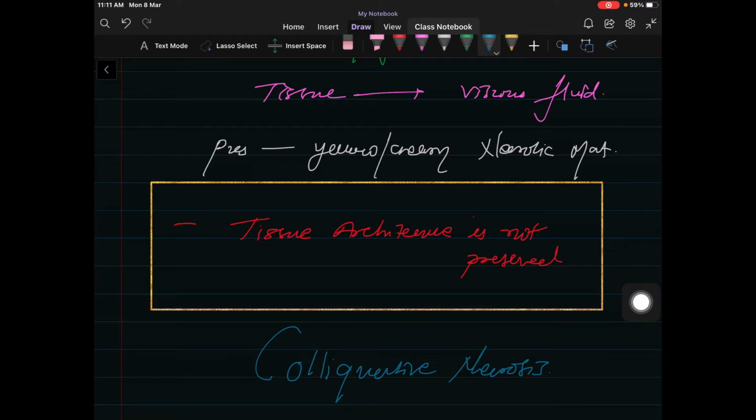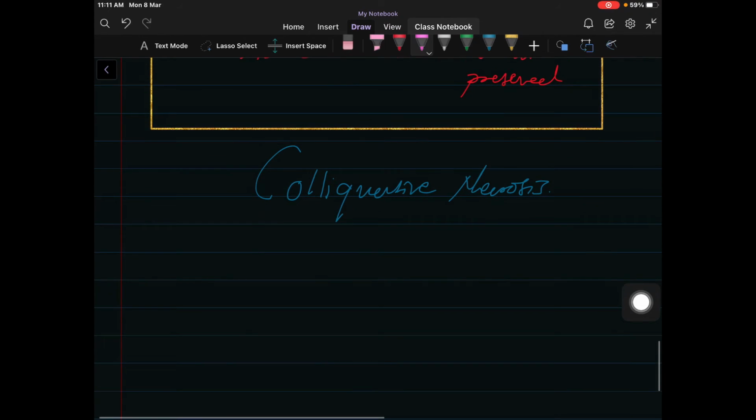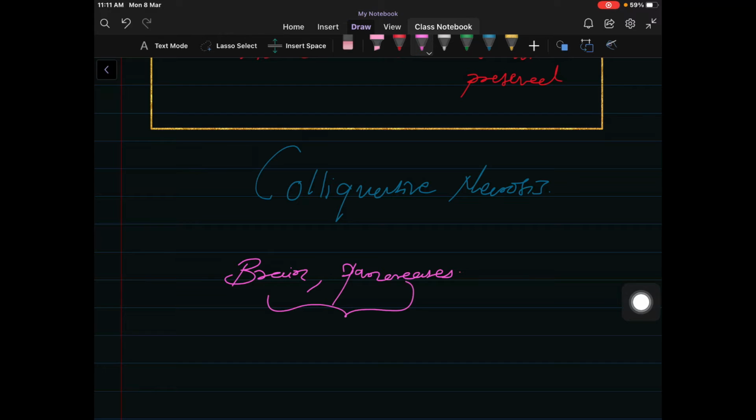Don't get confused between colliquative and coagulative necrosis. Liquefactive necrosis can be seen in the brain or the pancreas, as we know that the brain and the pancreas are rich in hydrolytic enzymes.